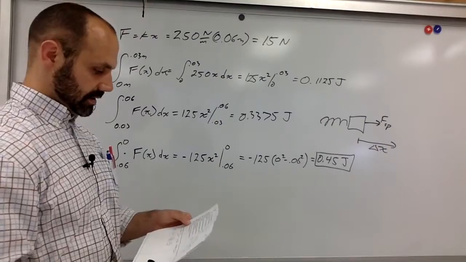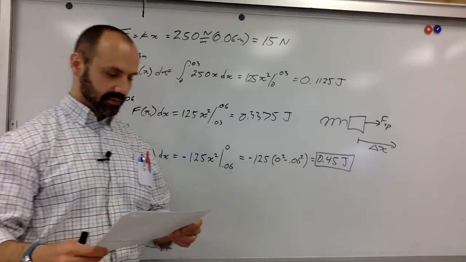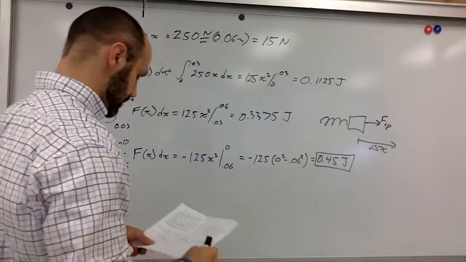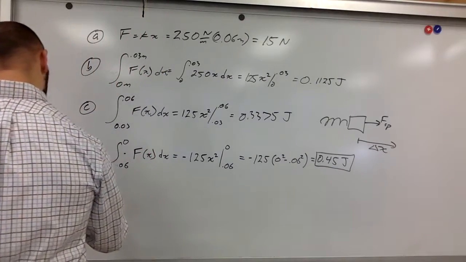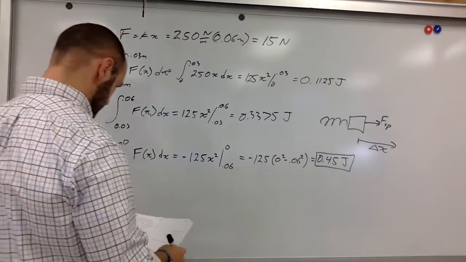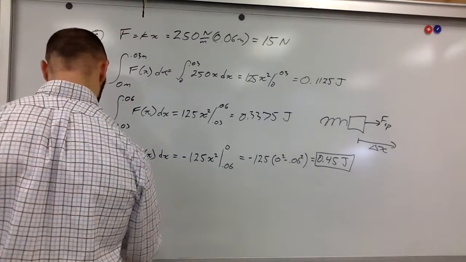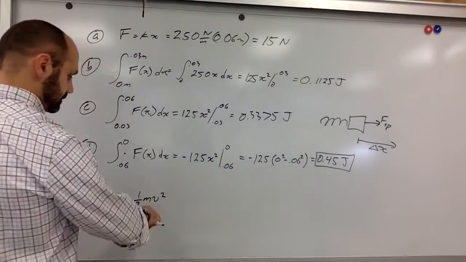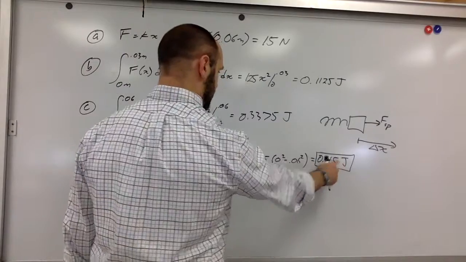All right, and then it says, if the mass of the simple harmonic oscillator is 0.5 kilograms, what is the speed of the simple harmonic oscillator as it passes through the equilibrium position? Okay. This now is conservation of energy. So for conservation of energy, I know K equals 1/2 mv squared. This is the work done by the spring.